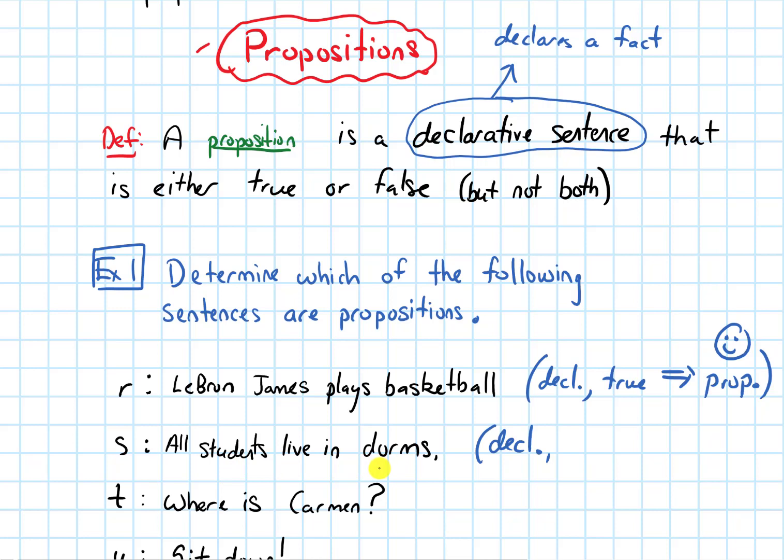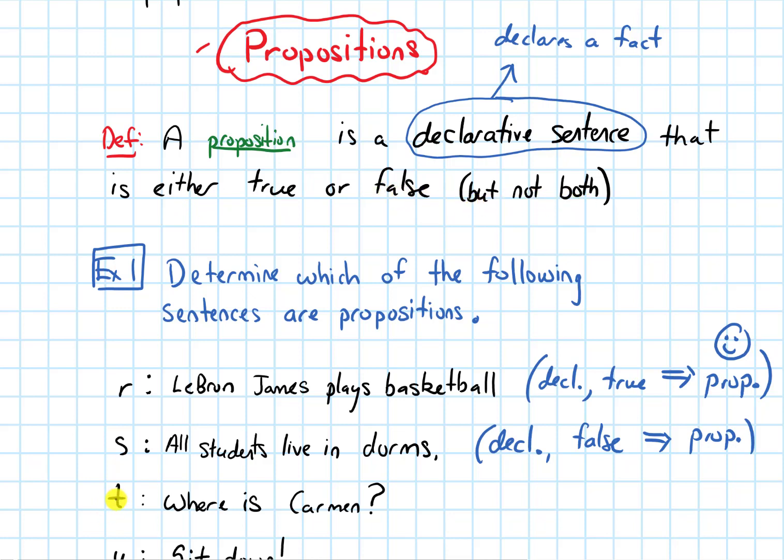Some students may live off campus, for example, some may commute to school or maybe do online school. So this happens to be a false sentence, but still it is a proposition because it is declarative and it has this underlying truth value. This one happens to be false, but that's fine as long as it's not both.